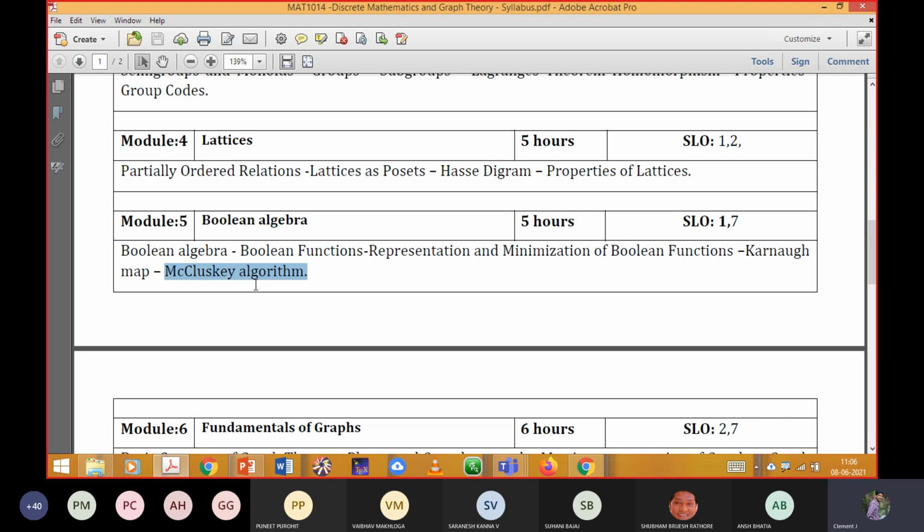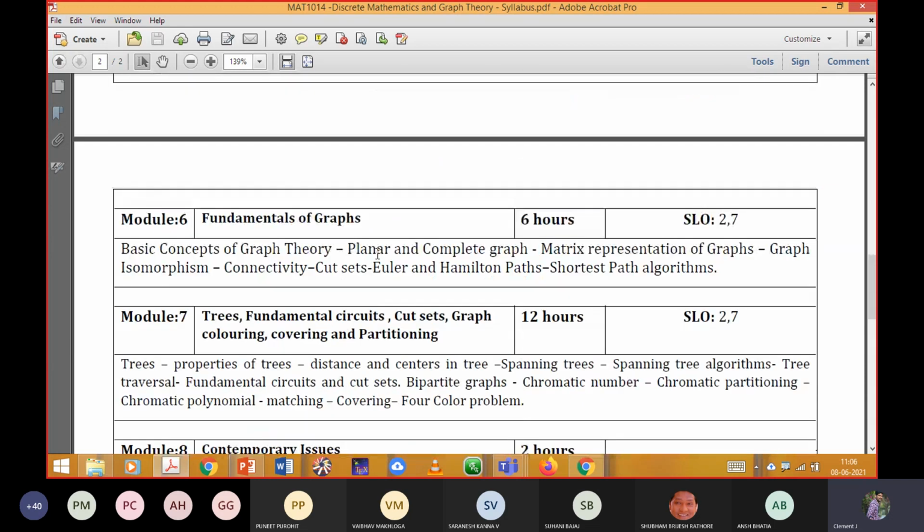It could be good exposure for you to present it, and a good platform to exhibit your teaching skills. Finally, I'll call some volunteers, but that can be decided after module 6 and module 7 get over. Fine, now we can enter module 6 and module 7.